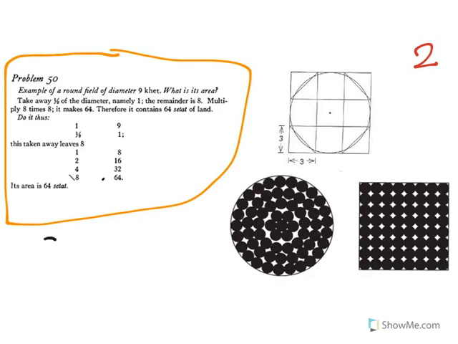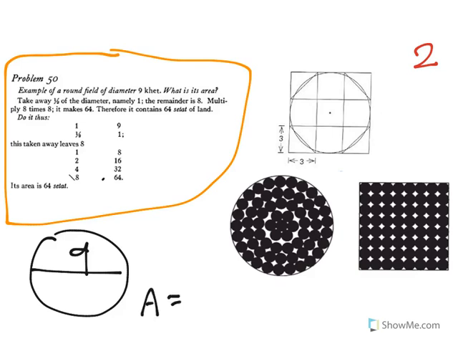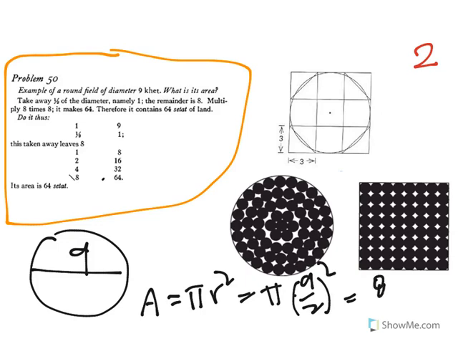In modern terminology, area is pi r squared, which is pi times 9 over 2 squared, which is 81 over 4 pi, which is approximately 63.59. That's what we know today.